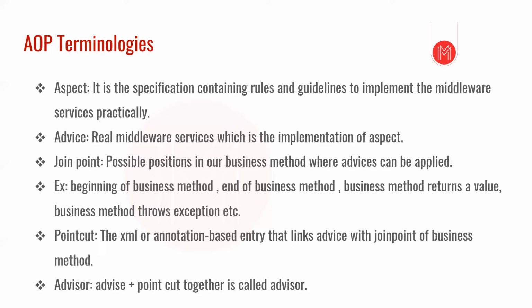However, one point to notice is that a pointcut never tells us what advice to apply; in its expression, it only specifies the list of business logic methods where we need to apply advice. In brief, it's a kind of business logic method selector.